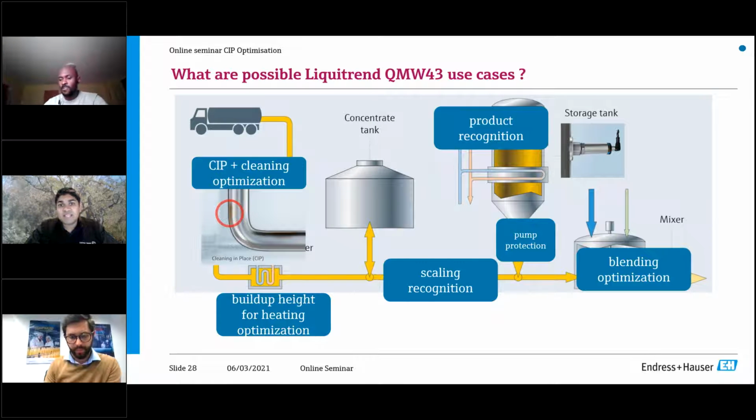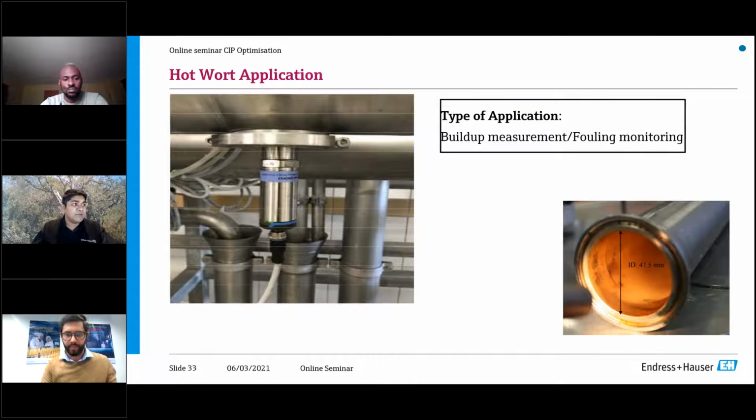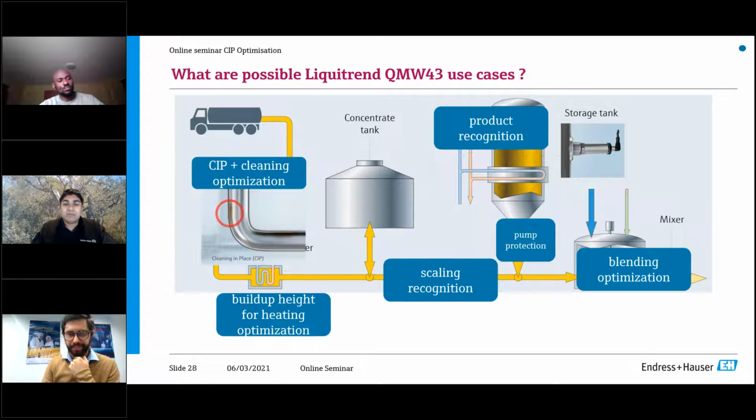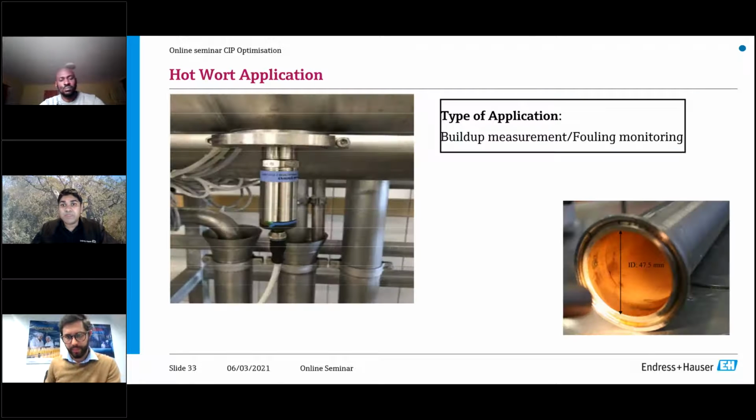So this can also be an effective way to recognize what product you have in the tank by utilizing the conductivity of the sensor as well. These are some of the use cases that we've done. We've done demonstrations before with customers, whereby we've used these devices.